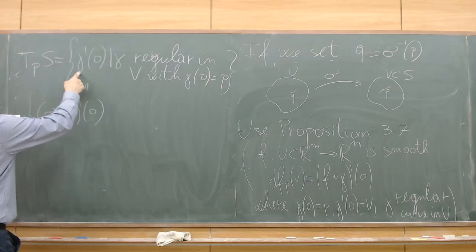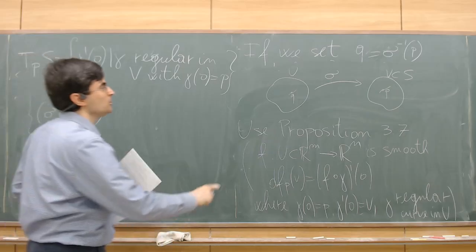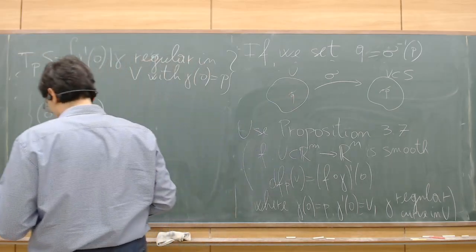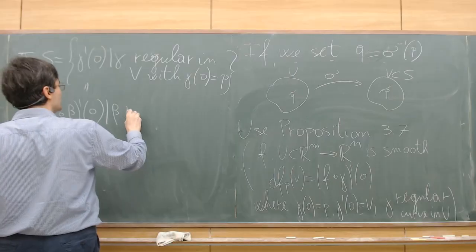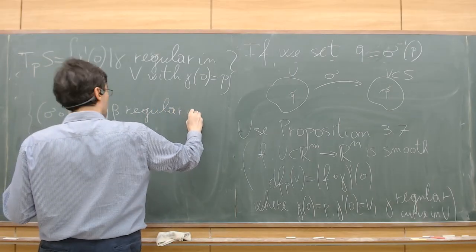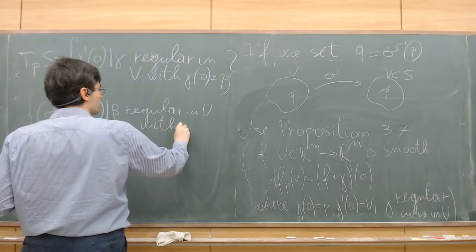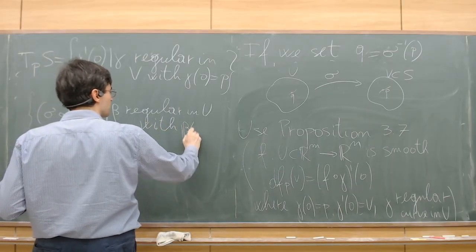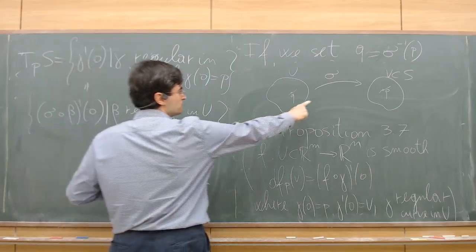So any curve of this kind is the composition of sigma with a curve in U, where beta is regular in U with beta 0 equal Q. This follows from this picture.